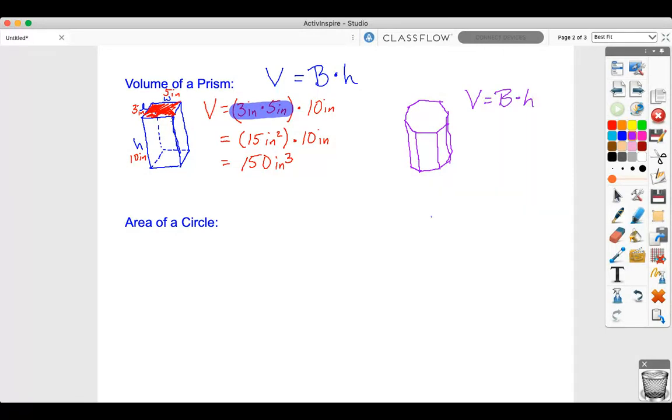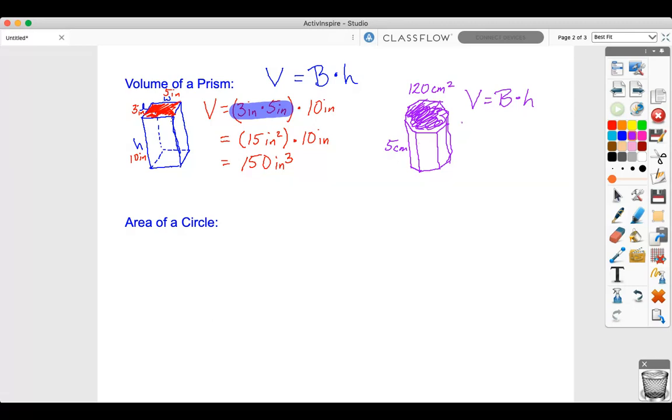Now, I'm not going to get into how to get the area of an octagon right now because that's not important. But I will tell you that the area of the base is 120 centimeters squared, and I'm going to tell you that the height is 5 centimeters.